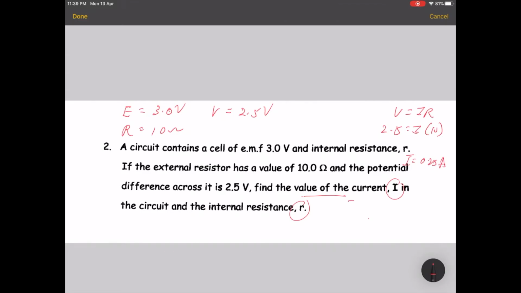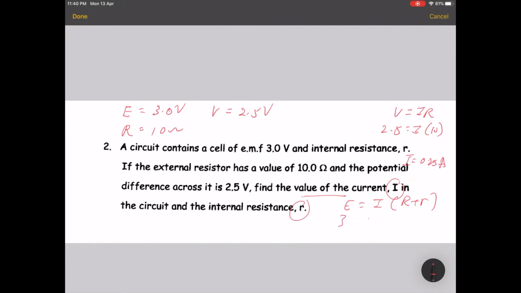After that, you use E equals to I, R plus r. At the beginning, you cannot use this equation because you don't know the small r. So you understand that, right? So you cannot use this equation. But now you know the I, then the story is different.